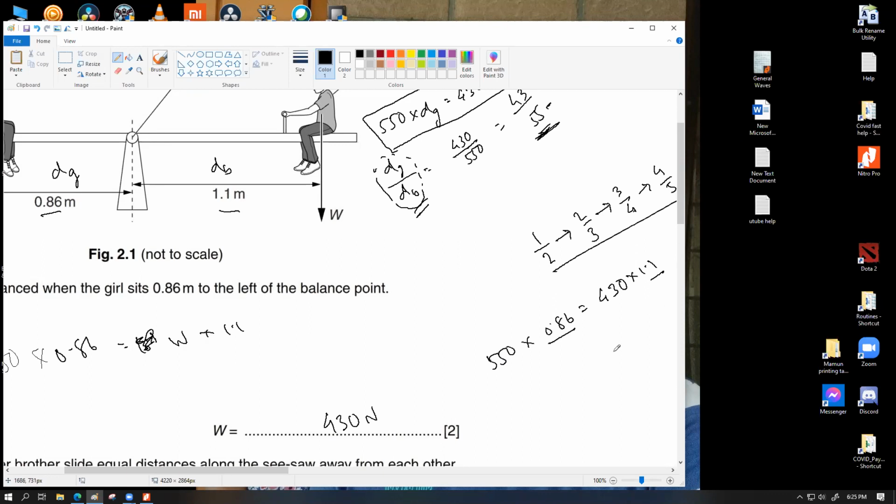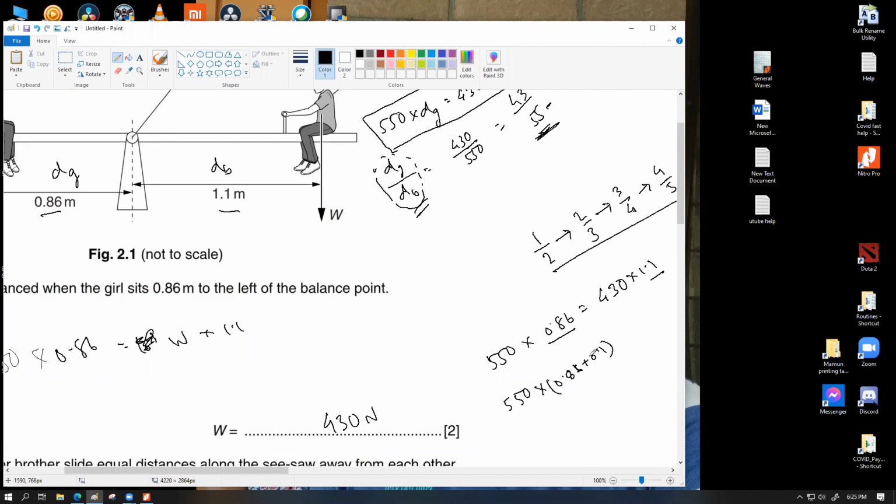I'm just choosing a random number, 0.1. So in this case, this would become 550 into 0.86 plus 0.1. You could give any number here because the question says equal distance, so it doesn't say how much. It could as well be 1. It could as well be 100.